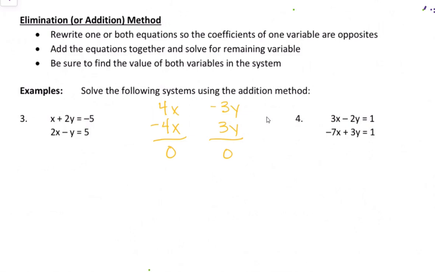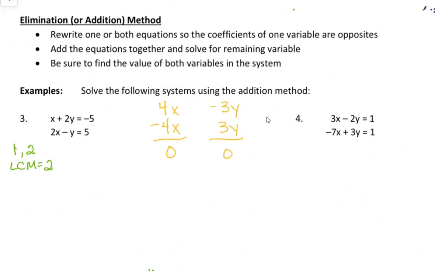So if I'm going to choose to eliminate the x's, what I need are those coefficients to be common multiples of each other. The coefficient of x right now is a 1 and a positive 2, and the least common multiple for a 1 and 2 is 2.